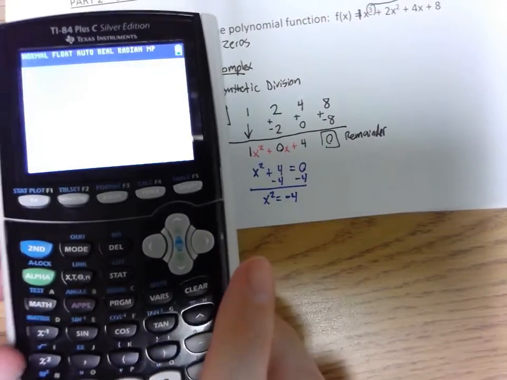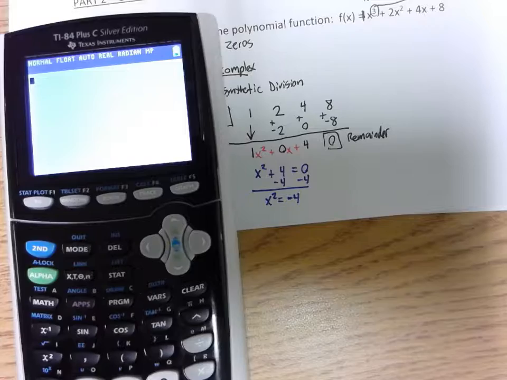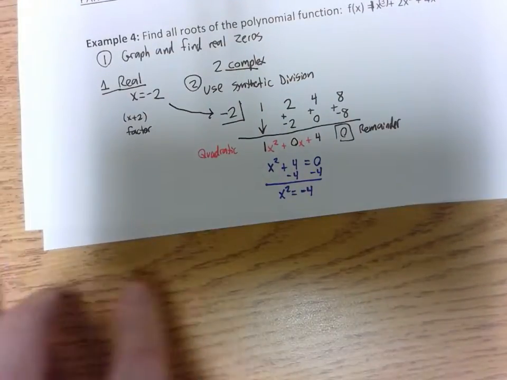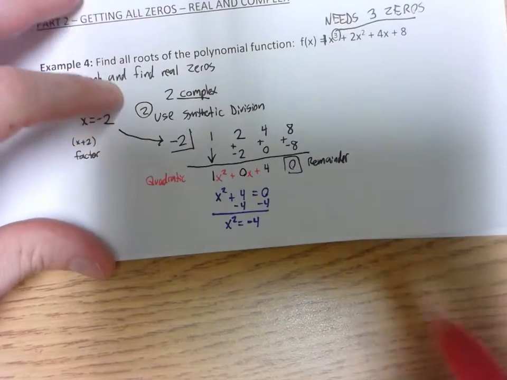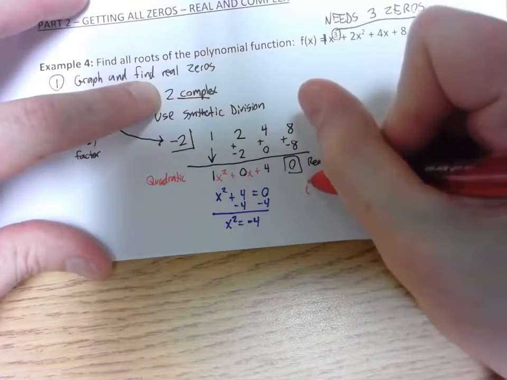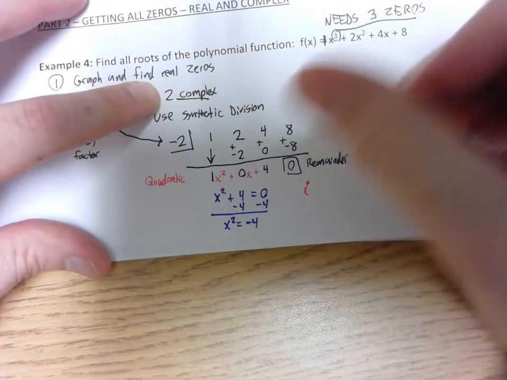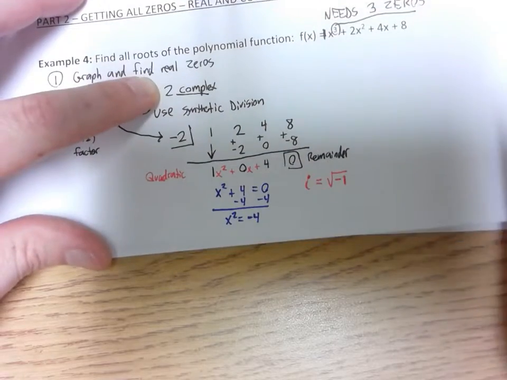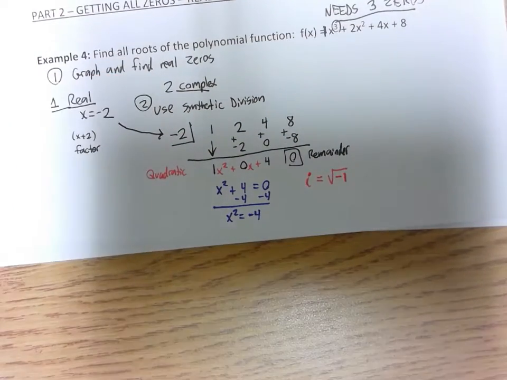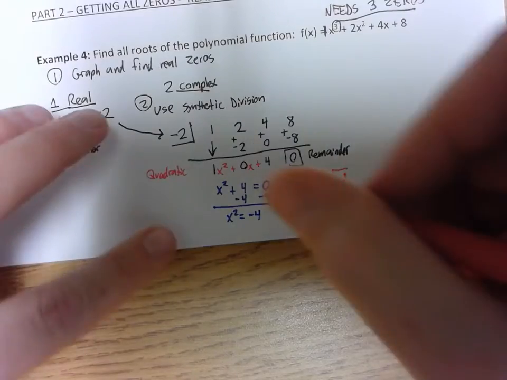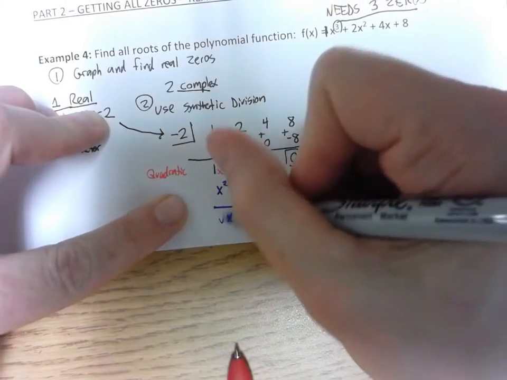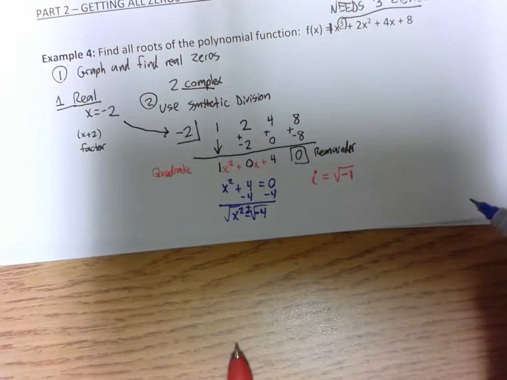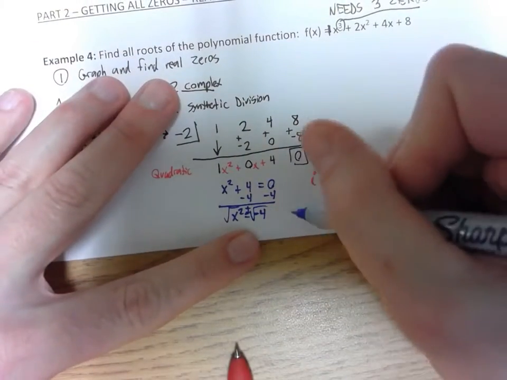You might remember that the square root of a negative number has complex solutions. Let me just refresh you on what a complex number is. There's this little imaginary number called i, and that stands for the square root of -1. So if we define i as the square root of -1, then if I take the square root of both sides, I'm going to put a plus or minus, because remember, you can square root to get a positive and square root to get a negative.